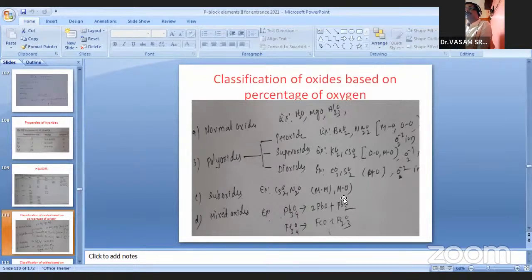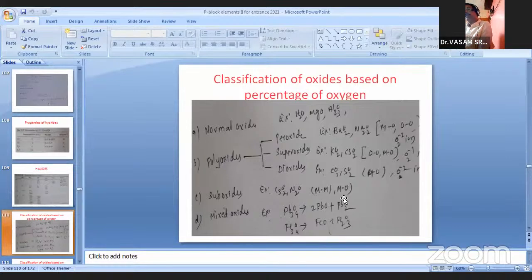These two oxides contain MM bonds and MO bonds. In C3O2, C double bond C, and the terminal bonds are double bond O, double bond O. So CC means an MM bond and CO means an MO bond. So two types of bonds are present in suboxides.